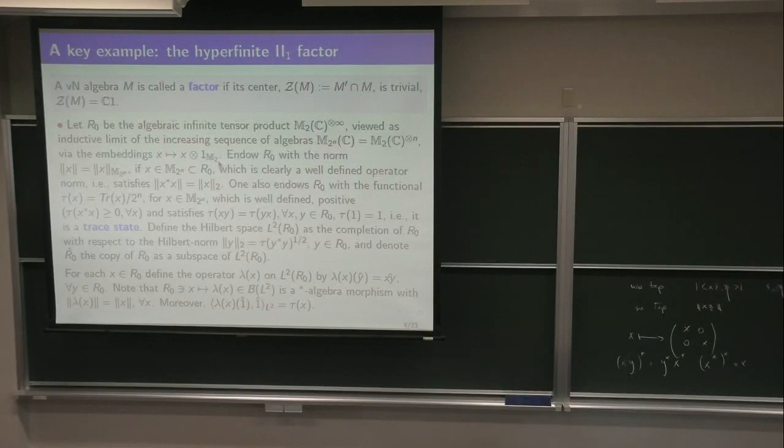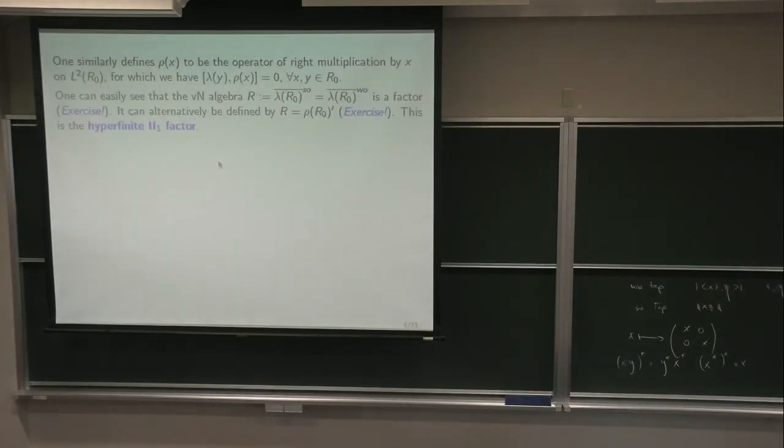And one similarly defines rho of x to be right multiplication by x on L2 of R0. Here it matters, unlike before, where L infinity of x was commutative and it didn't matter whether we multiplied left or right. After all, why just take the left? Clearly the two commute.